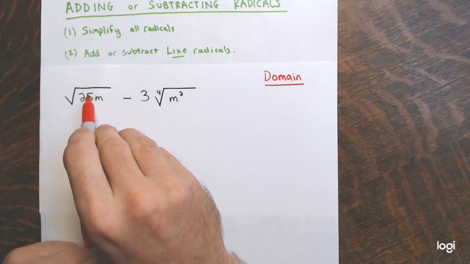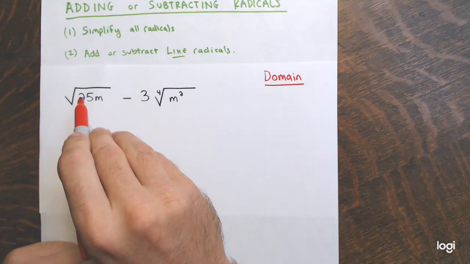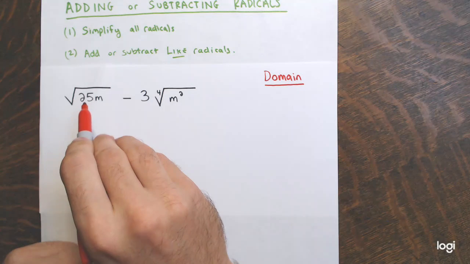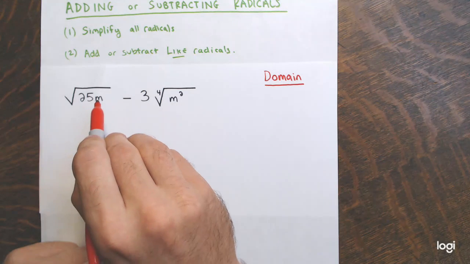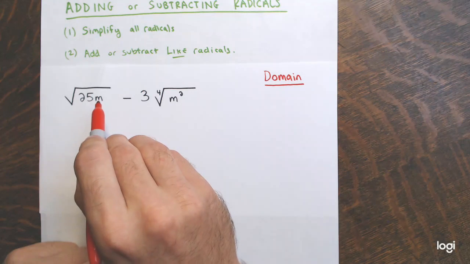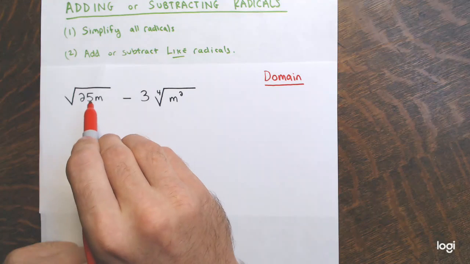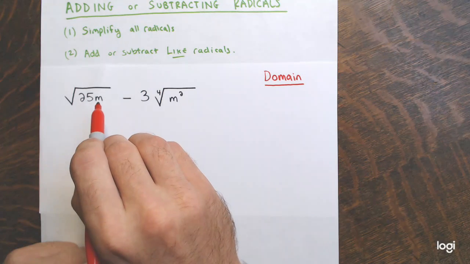So this 25m can't be negative. Well, 25 is not negative, so nothing to worry about there. But the times m part, m can't be negative, because if m were negative, you'd have a negative value in the radicand. But it can be non-negative. It can be 0. That's fine.